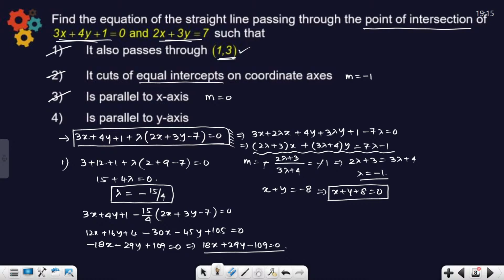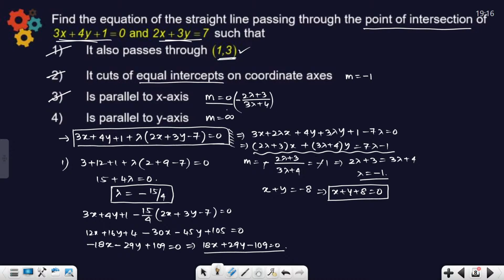And in case of parallel to the y-axis, its slope is infinity. Is it clear? Now, if slope is 0, then we will write minus 2 lambda plus 3 over 3 lambda plus 4, because this is actually the slope of that family of lines.